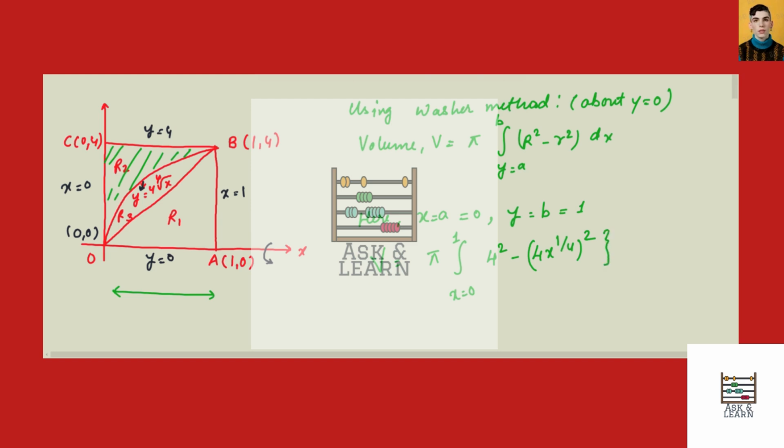I think you have got why we are doing this: from the whole area we are just subtracting this unwanted area, because we want R2.